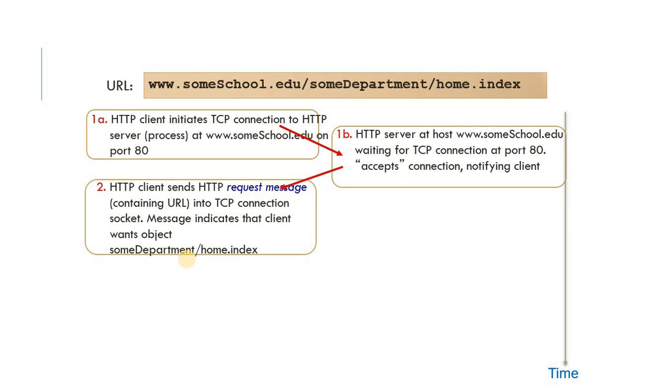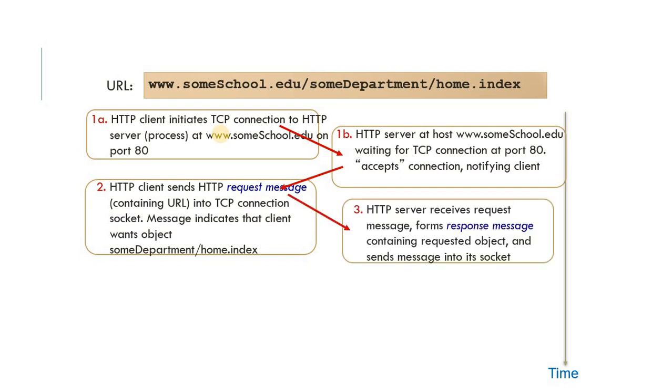Now I request one web page, like someDepartment/home.index. This request goes to the server with the help of the HTTP protocol. The server receives the request, forms a response message containing the requested object, and sends the message into its socket. With the help of the socket it sends the response to the client, and the server immediately closes the TCP connection.